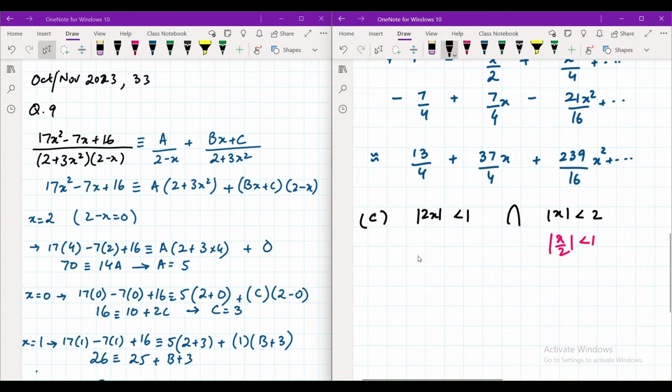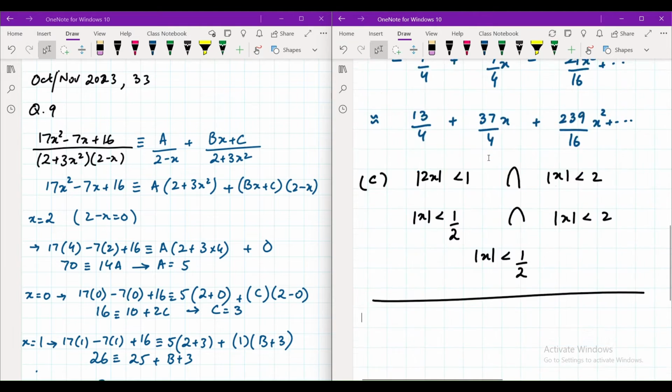So for the left one, this would simplify to less than 1 over 2, and this one we can keep as mod of x less than 2. So the intersection would just simply be mod of x less than 1 over 2.